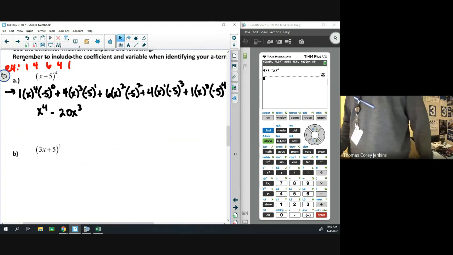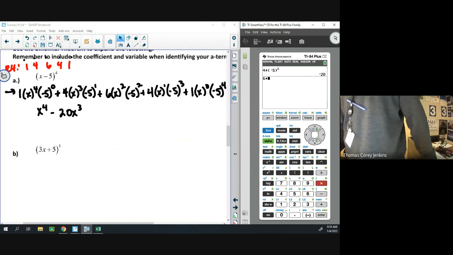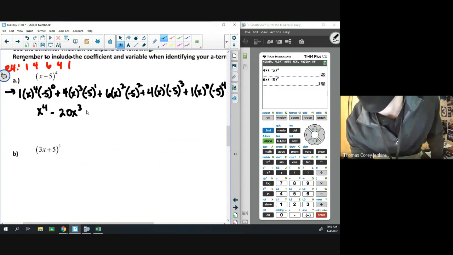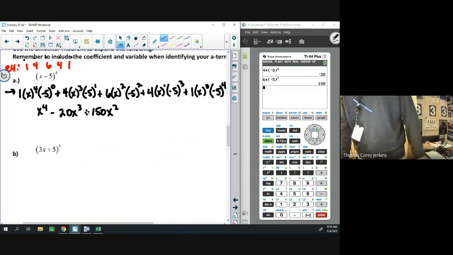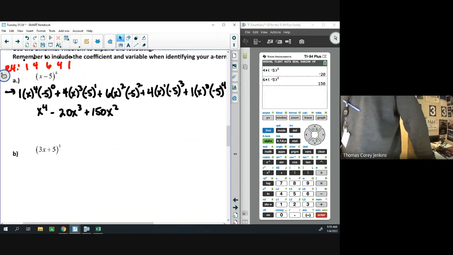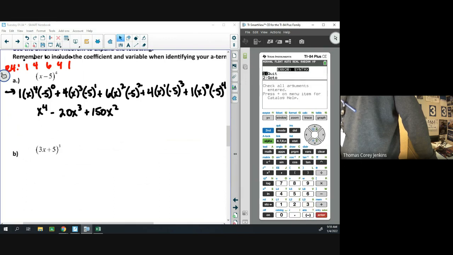Okay, now my coefficient of the next one is going to be the product of 6 times -5 squared. So that's 150, right? So that's plus 150x squared. Okay, now my coefficient of the next term is going to be 4 times negative 5 cubed. Whoops, typed it in wrong.